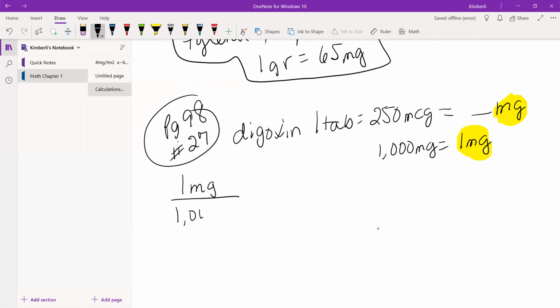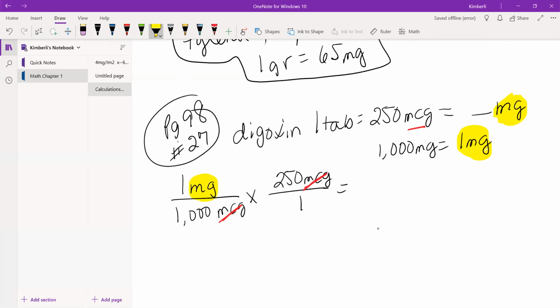over 1,000 micrograms and multiply that by 250 micrograms. I can put it over 1 and make a fraction out of it. And now the micrograms are going to cancel, and I don't want them in my answer because I'm converting from micrograms to milligrams. And the milligram is on top.